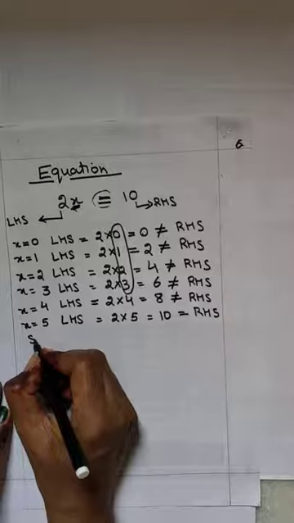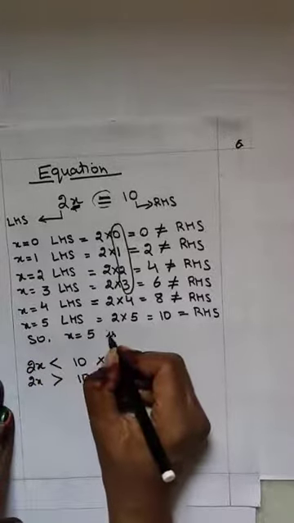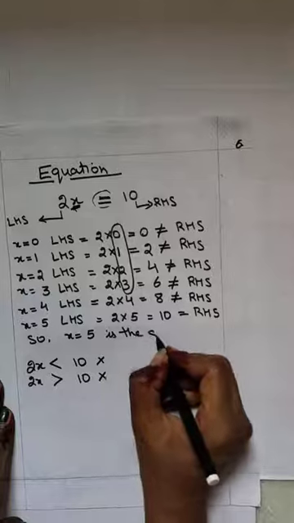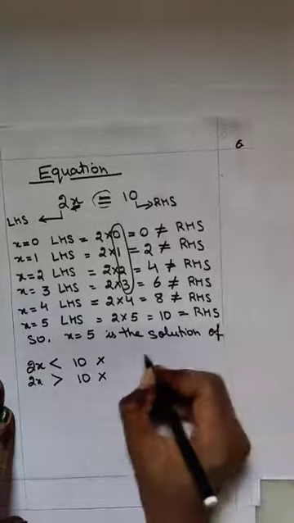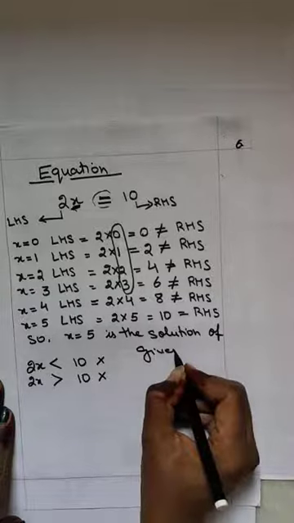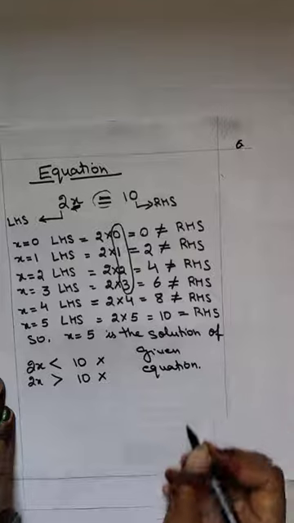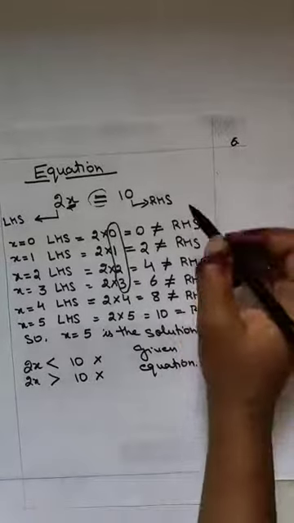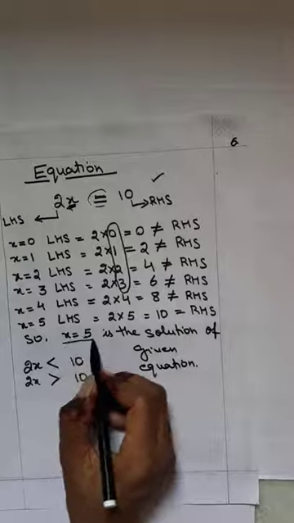So, x equal to 5 is the solution of the given equation. Means this equation is satisfied when x is equal to 5.